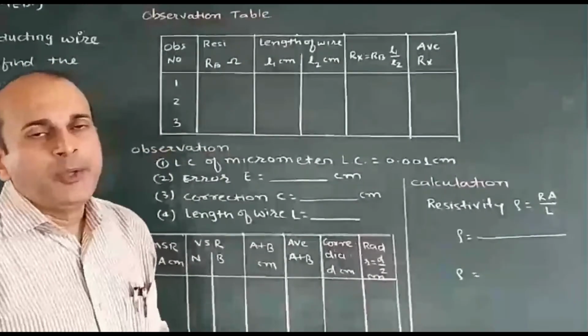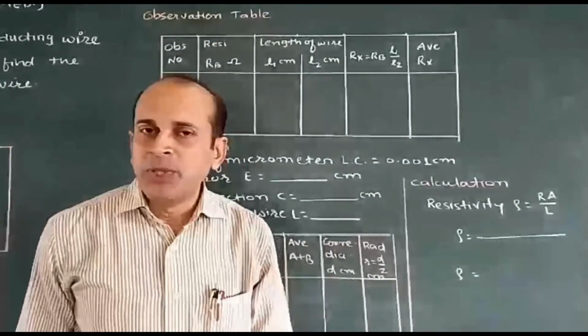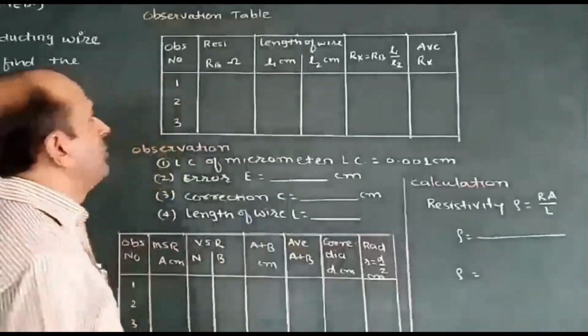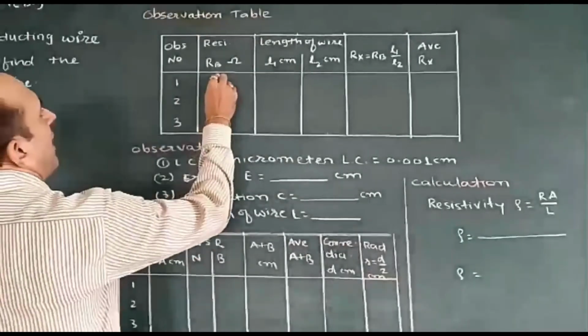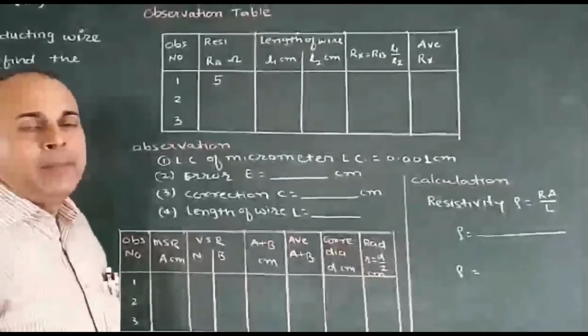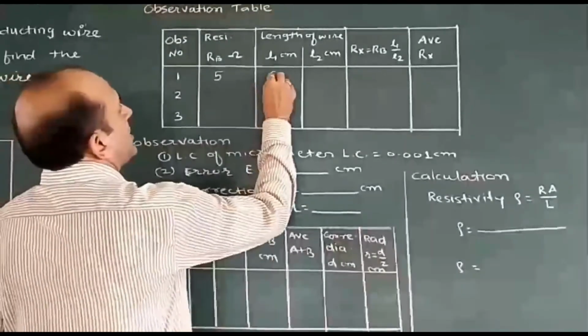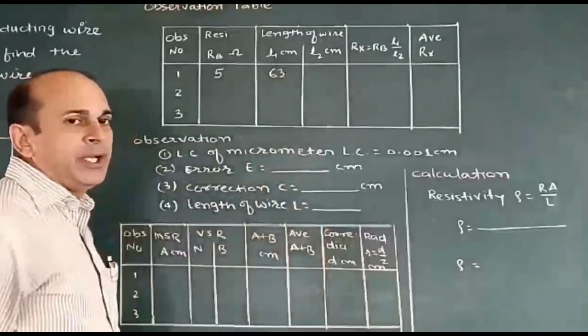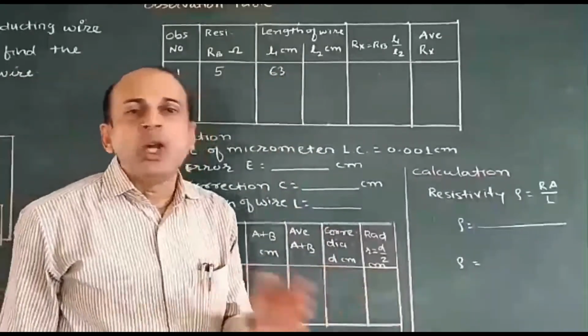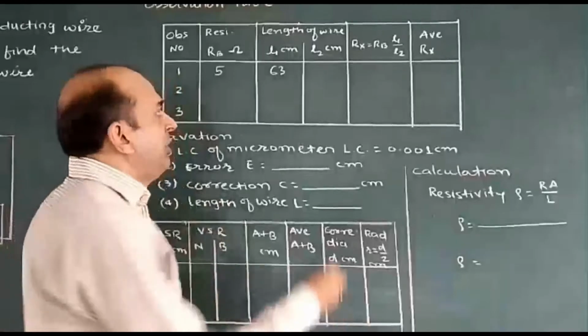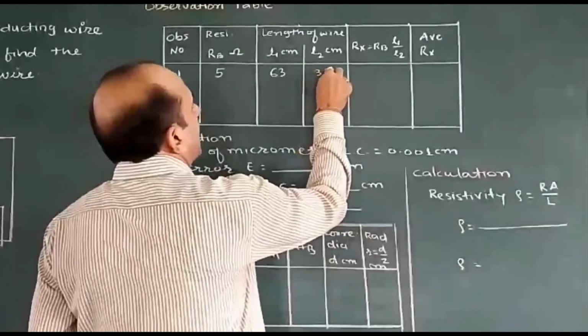Now let me note down all the readings of this experiment. First we selected the resistance 5 ohms, and at that time the length of the null point was L1 equal to 63 centimeter. Then L2 will be 100 minus 63, which is 37 centimeter.